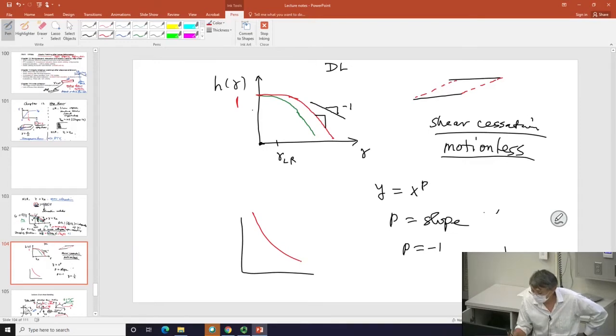If P, as I draw here, I may as well just call it P. If P is smaller than -1, which is what it is, right? This is -1. It just means it's stronger.